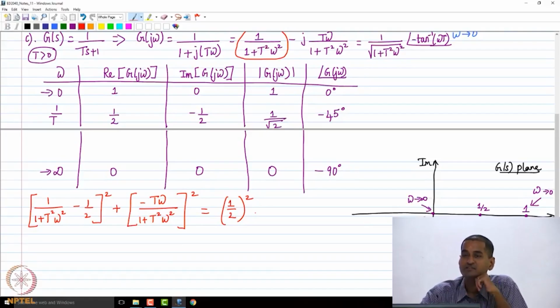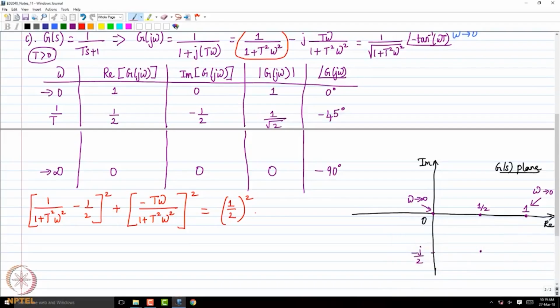So, what does this equation correspond to? If you recall our geometry, this equation will trace out a circle centered at 1 by 2 comma 0 and of radius 1 by 2, and that is the Nyquist plot here.